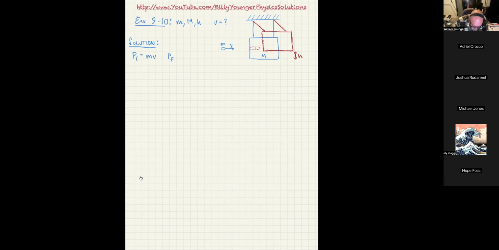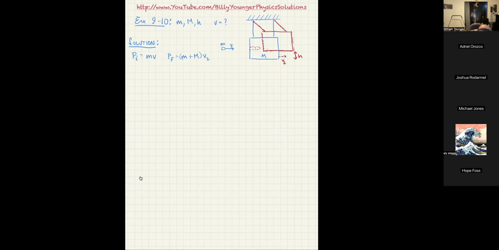So the final momentum is going to be m plus M times v2. And in this picture, v2 would be, I should draw this in red to keep it consistent with my color diagram. Okay, that's the velocity that the block mass system is going to take off at.